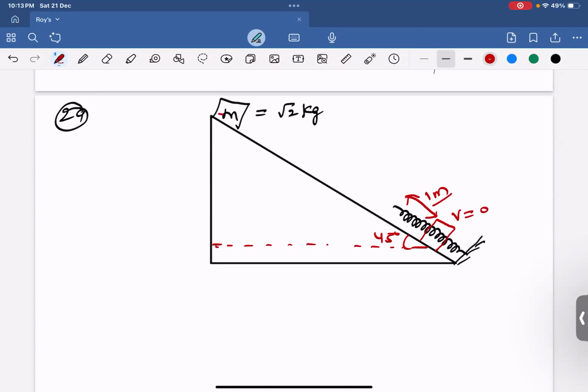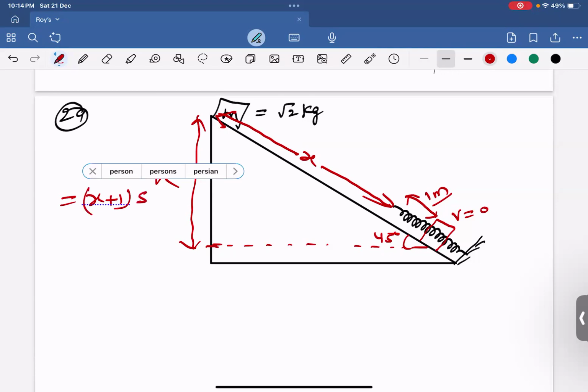Let's suppose it has traveled some distance x. So total distance is x plus 1, as I can see, because 1 meter is the compression also. You can also find the complete x here. That is also not a problem. Now, I want to know how much height it has come down. This height I want to know. So as the angle is 45, I can take cos 45, sin 45, both I can take. So the distance traveled is x plus 1.